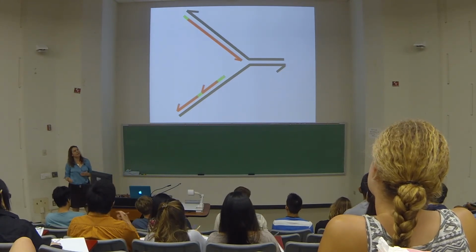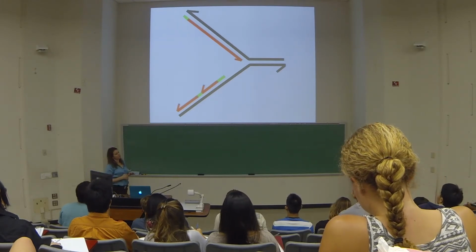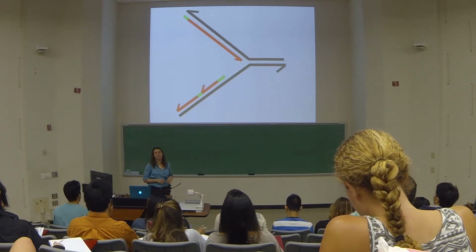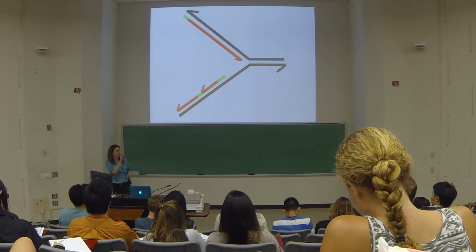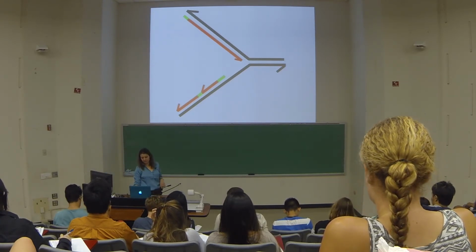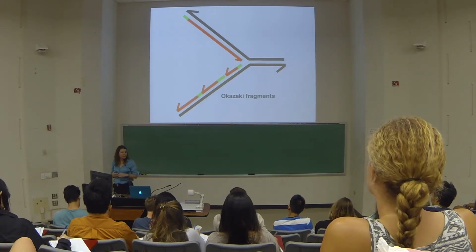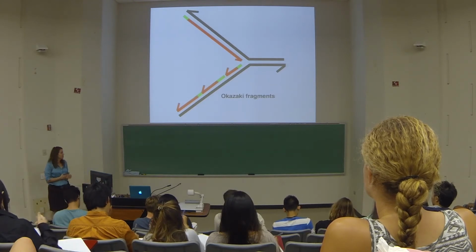When we're looking at the leading and the lagging strands, the leading strand just can keep copying as more template is opened up. Just keeps on going. That lagging strand is creating short little fragments of DNA. Those short fragments are Okazaki fragments. And there are many things named after the person who described them.